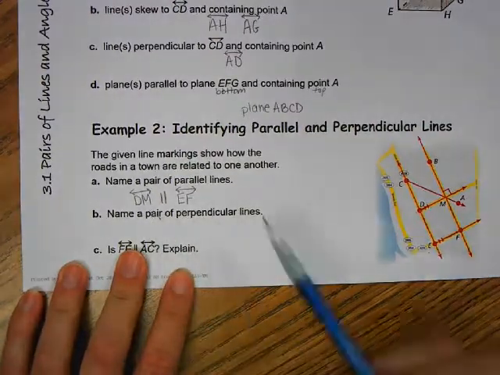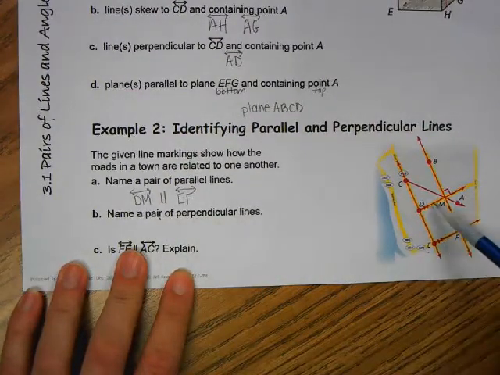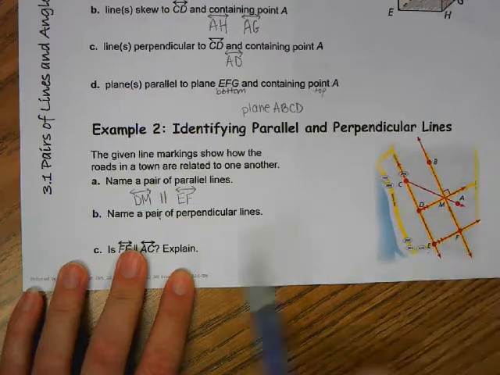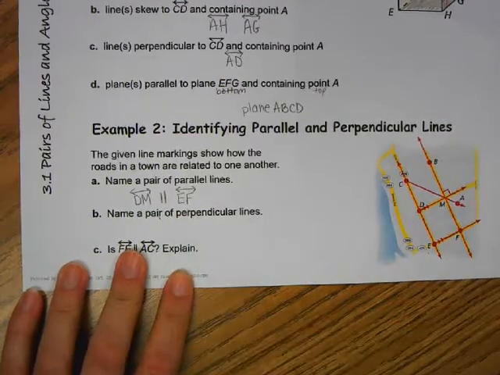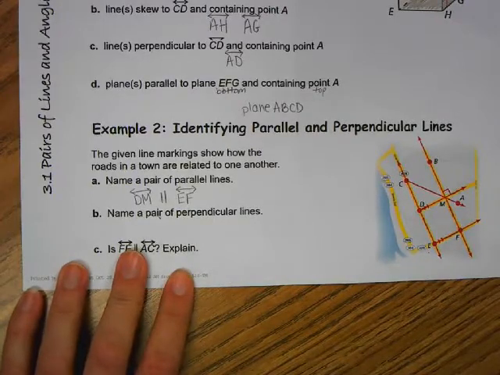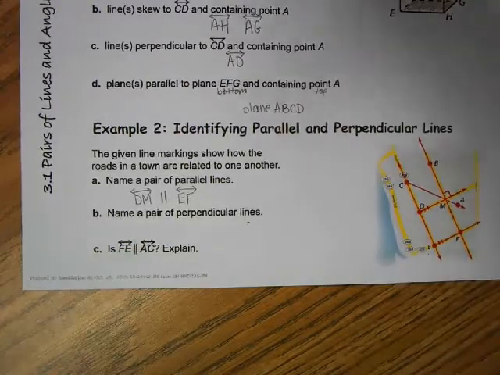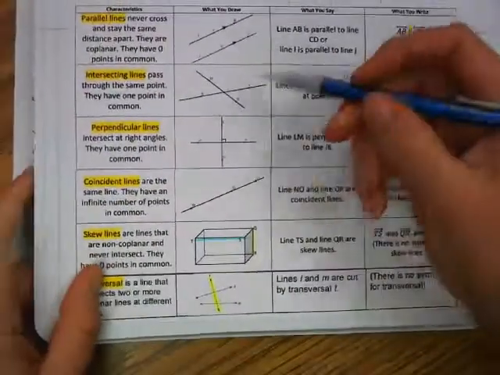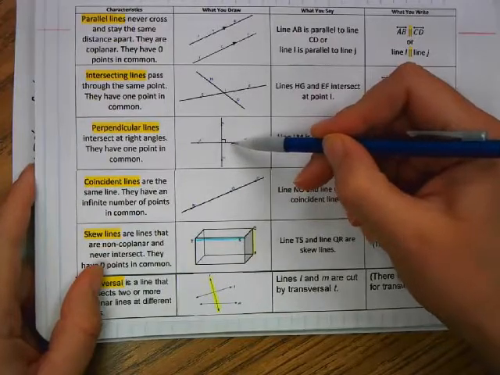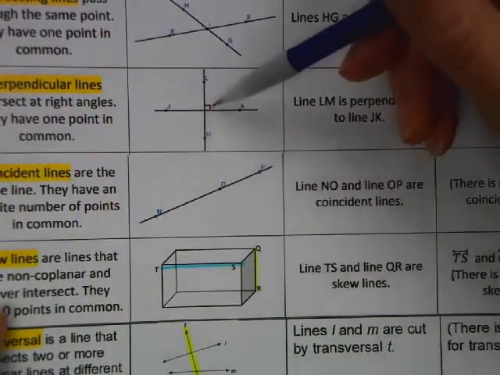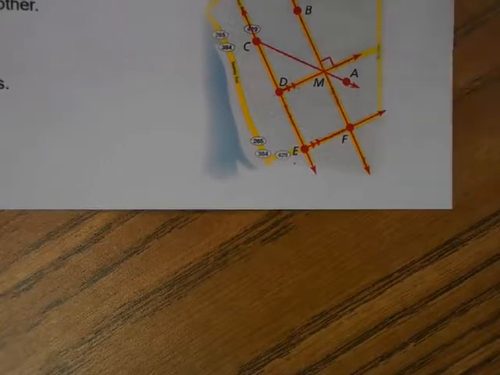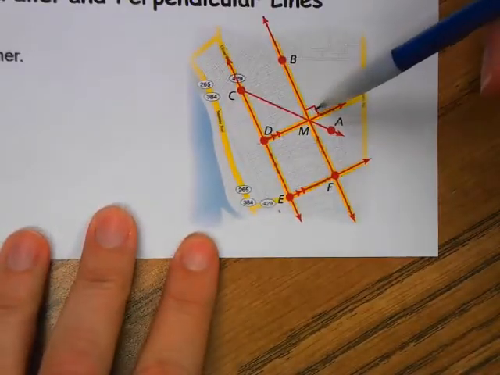So make sure you know how to identify parallel lines looking at the symbols, and also know how to write it geometrically. Then naming a pair of perpendicular lines. So again, we are looking for that perpendicular symbol. So use that vocab on page 27 to help you out. So looking for the perpendicular symbol in the diagram, here it is.